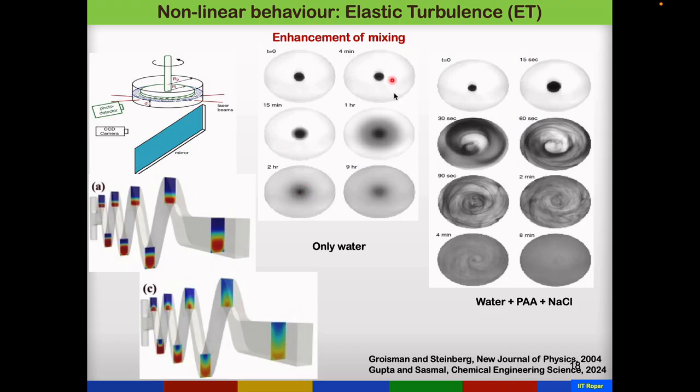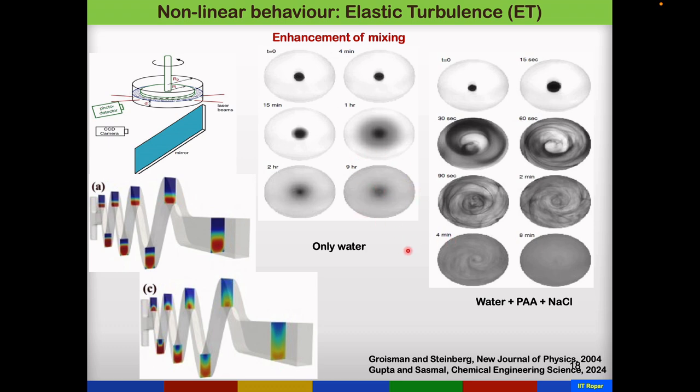For instance, in this seminal experimental work by Professor Steinberg from the Weizmann Institute, what they observed is that if you place a dye in a flow system like this, if the fluid is simple water, then you can see that even after 9 hours the dye will be dispersed like this, mainly because of diffusion.